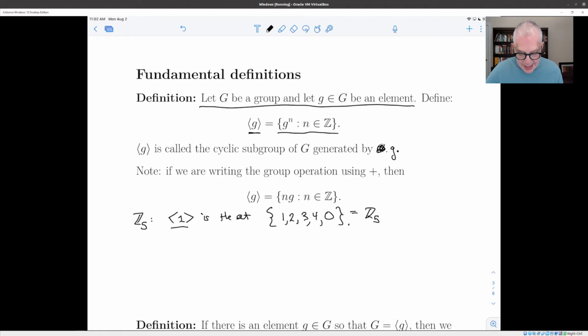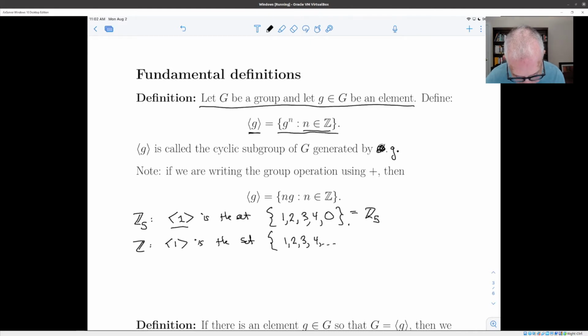And in the case of the integers, well, 1 generates the set... And you notice now that we're supposed to take n in Z. In the case of Z5, it didn't matter. We could just take 1, 2, 3, 4, 5. But in the case of the integers, it does matter. We're supposed to take 1, 2, 3, 4.